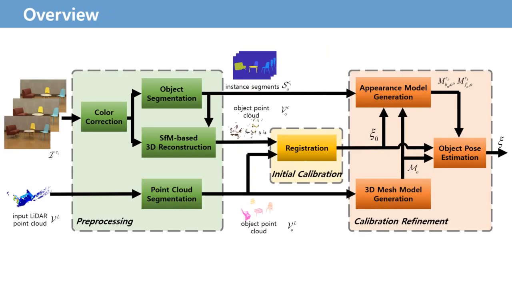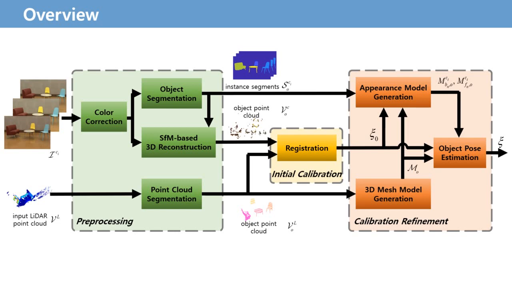This is an overview of our work. There are 3 main steps: pre-processing, initial calibration, and calibration refinement. In pre-processing, 2 point clouds and instance segments are obtained. One point cloud comes from images and the other comes from LiDAR.